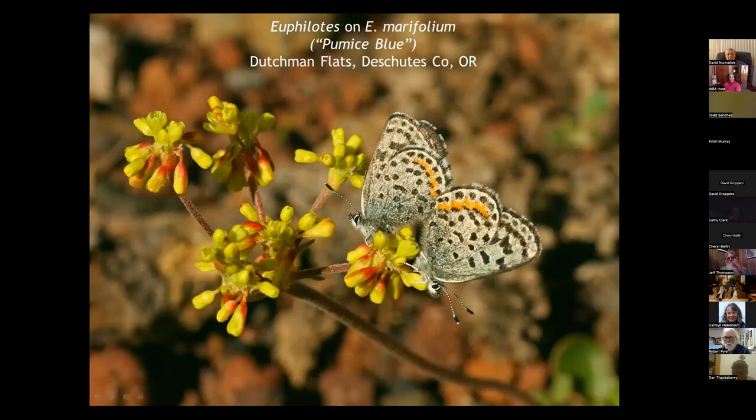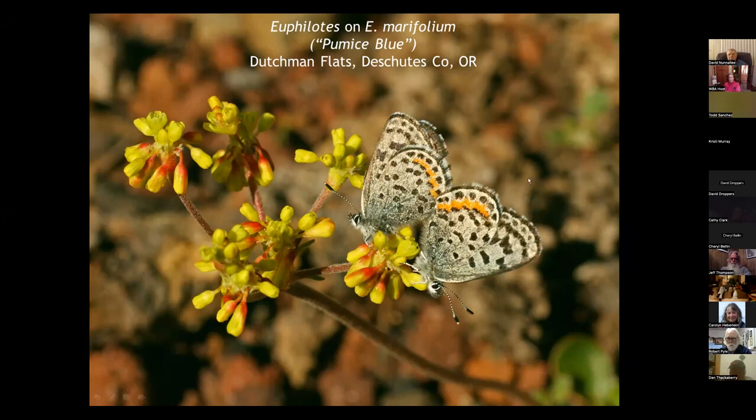By the way, these Euphilotes have been given a tentative common name, the pumice blue, and you'll see this in Bob Pyle and Caitlin LaBar's most recent book, The Butterflies of the Pacific Northwest. You'll see this name pumice blue given to these Euphilotes. But again, we're not sure what they are, if they're anything different.